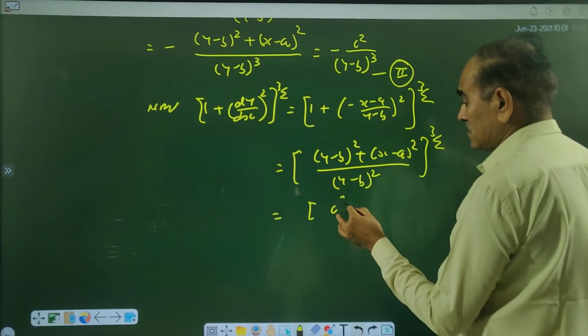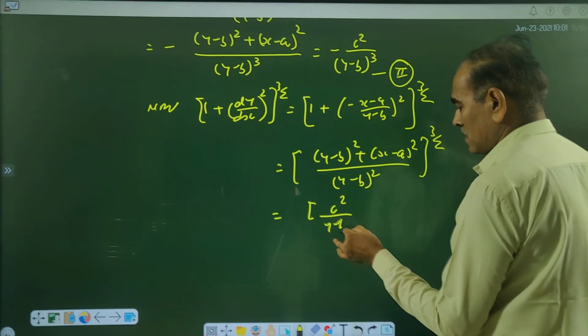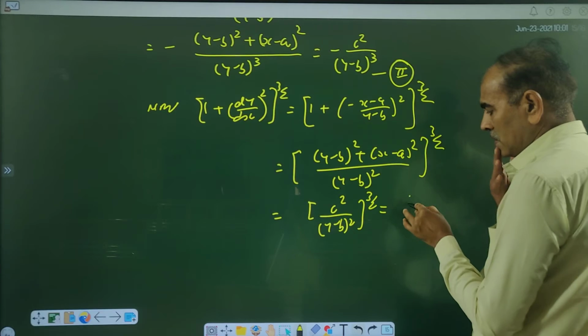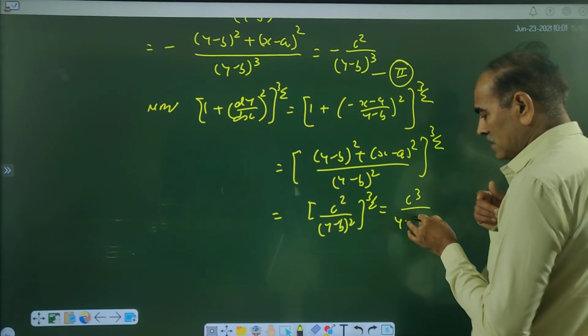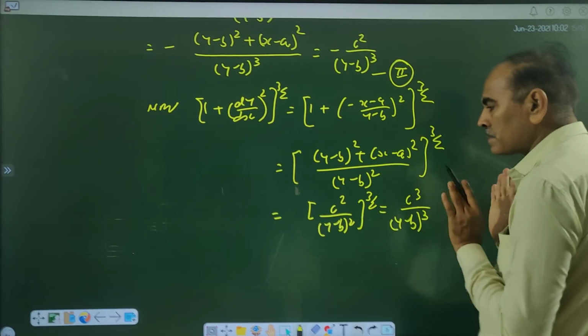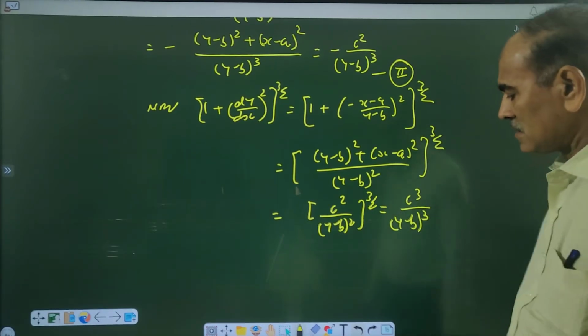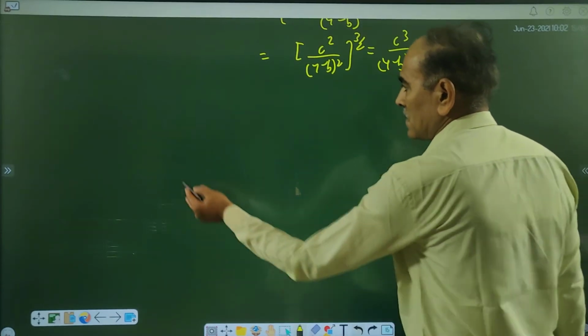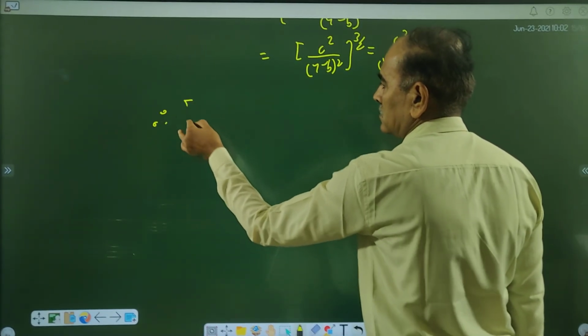What is this one? This one is c square over y minus b whole square raised to 3 by 2. What do we get here? c cube over y minus b cube. So now what we want to see, and then go on.